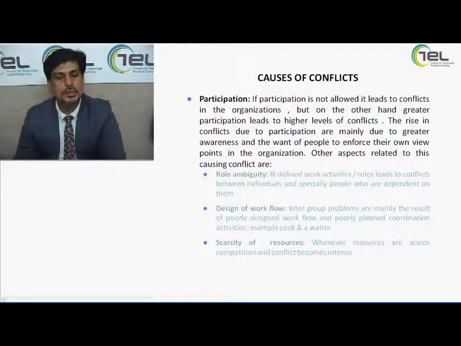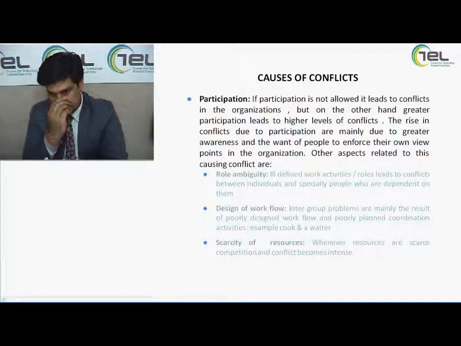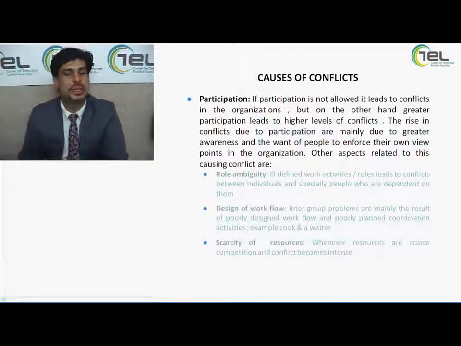It's a two-way sword, which means if the organization does not allow participation by the employees, it leads on to conflicts in the organizations, because people do not like being left out. People want to participate, and if the management or the structure of the organization tries to control participation of the employees, it leads on to conflicts.